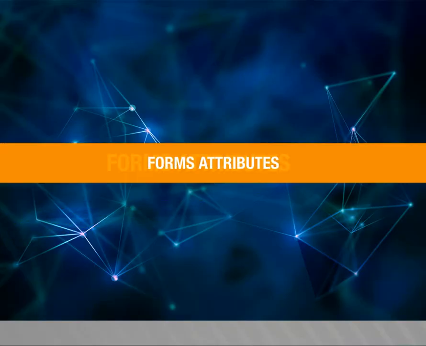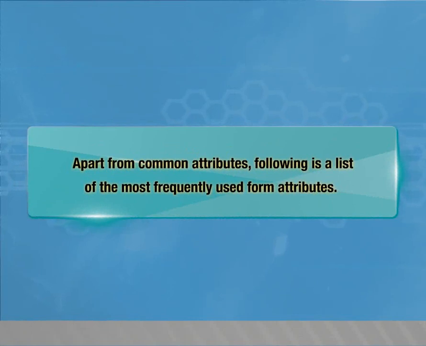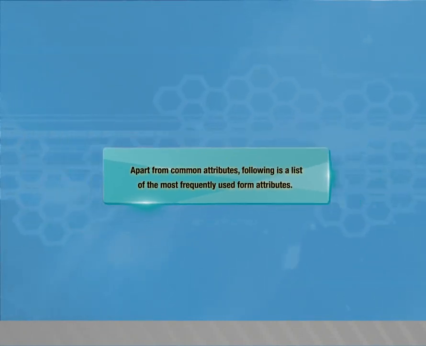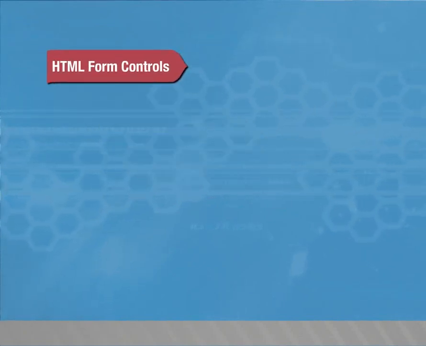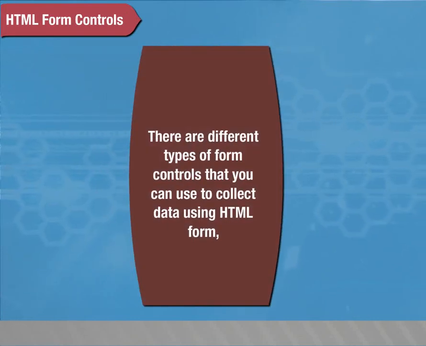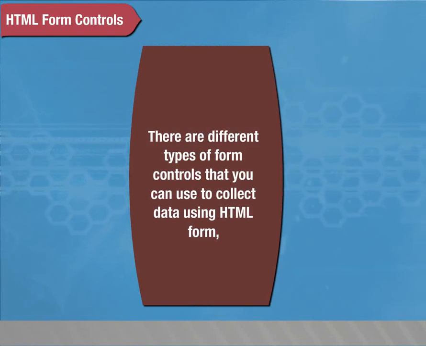Forms attributes. In this video, we are going to see about forms attributes. Apart from common attributes, following is a list of the most frequently used form attributes. HTML form controls. There are different types of form controls that you can use to collect data using HTML form.